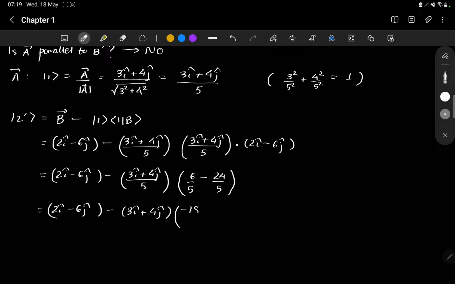So minus 18, and then we have 5 over here and 5 over here, so that makes it 25.